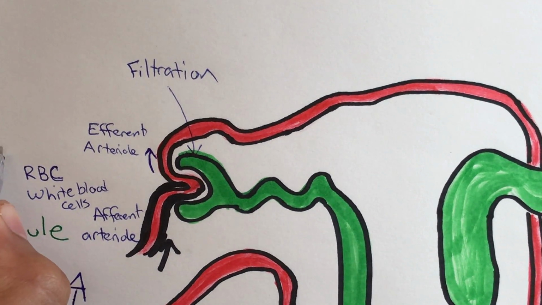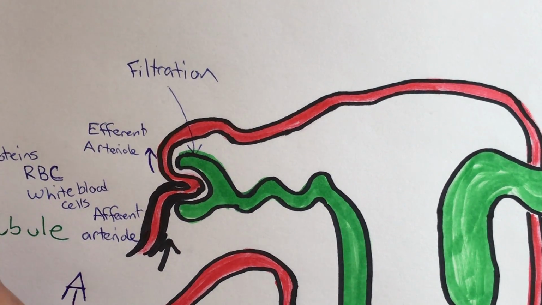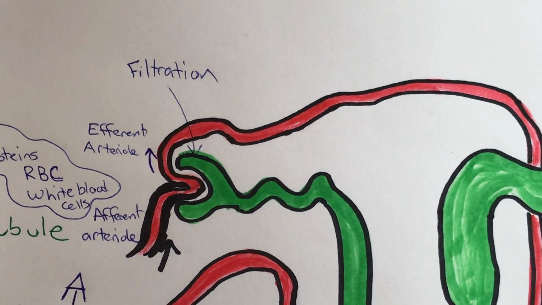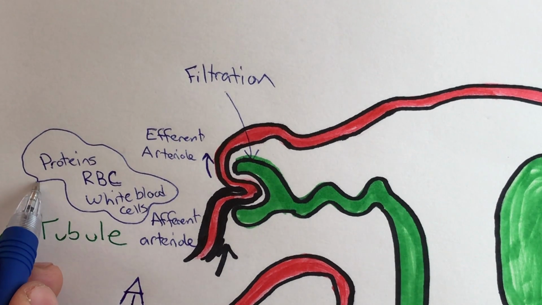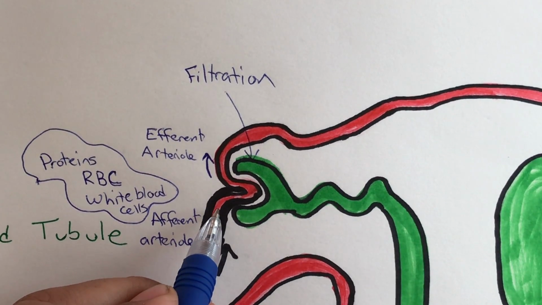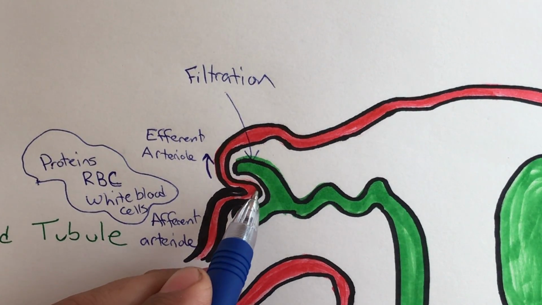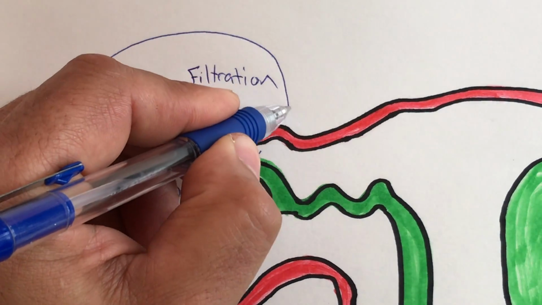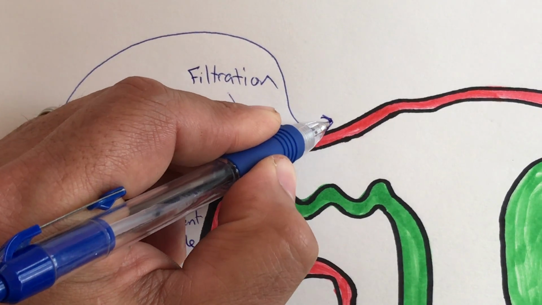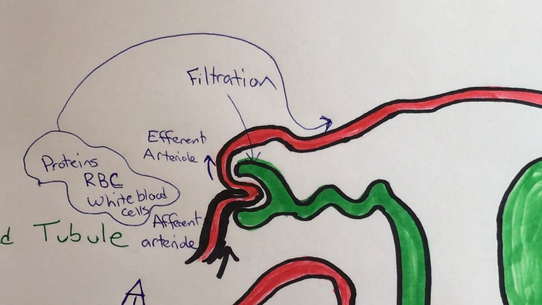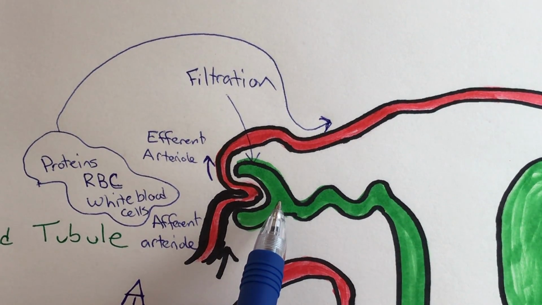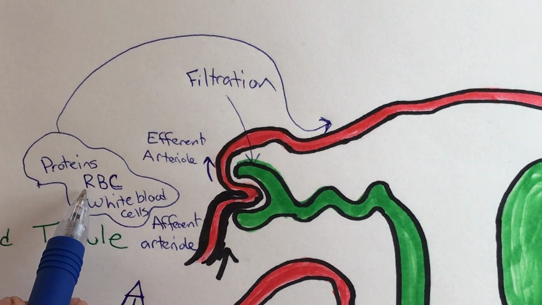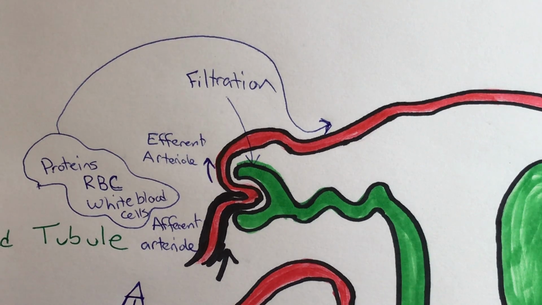Proteins. These are three large constituents of the blood that are too large to filter through. In other words, what we find over here that didn't make it into our renal tubule are the things that are too large. Proteins are very large. Red blood cells, white blood cells.